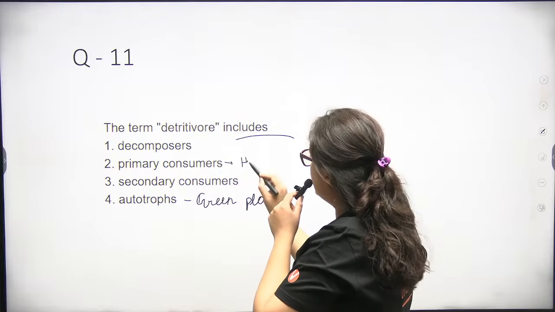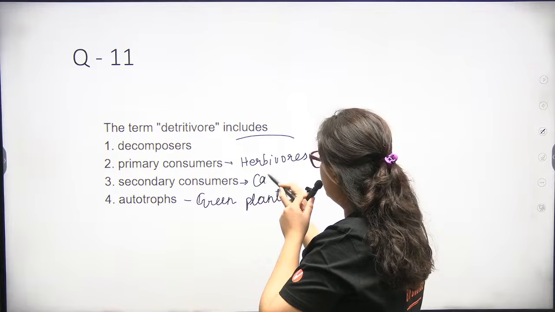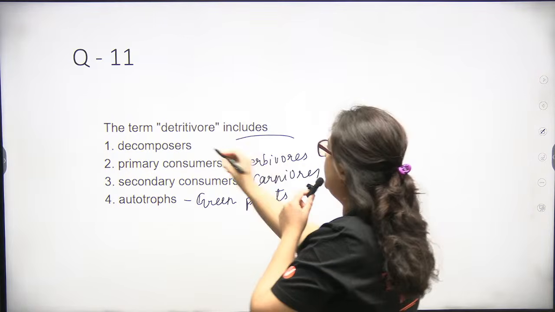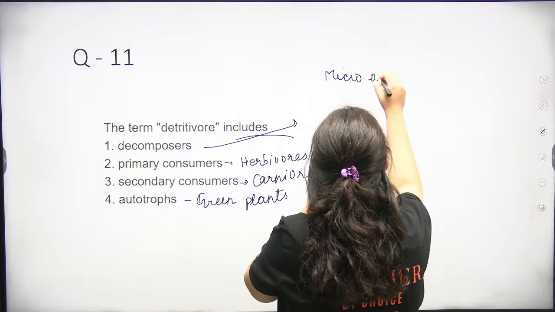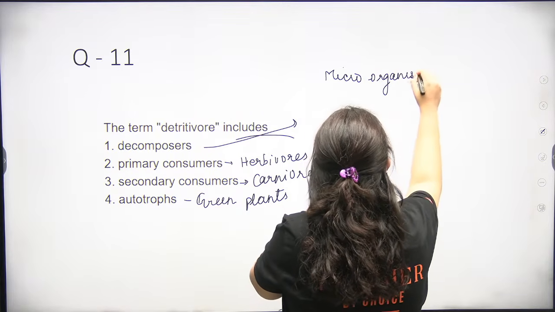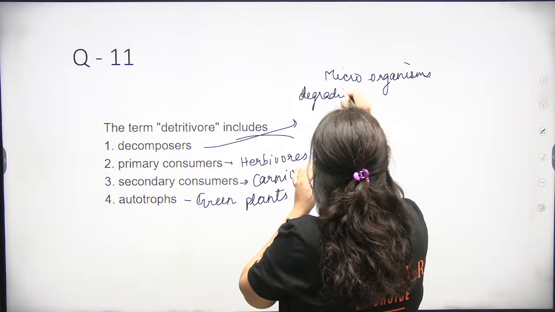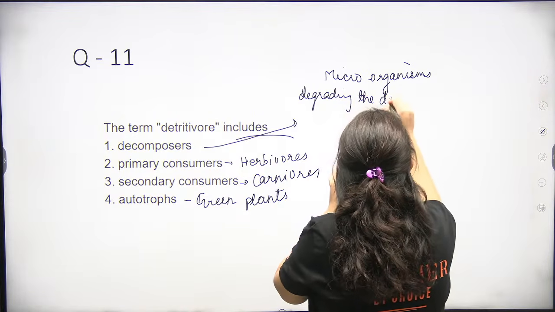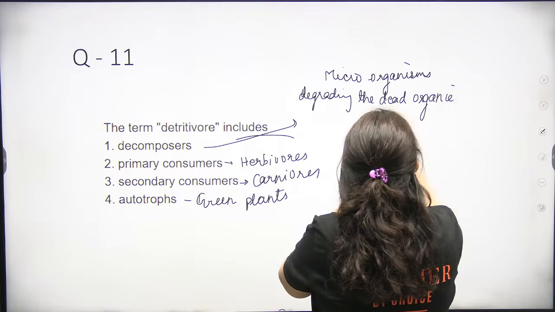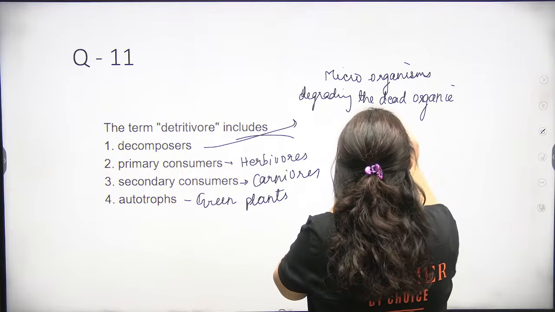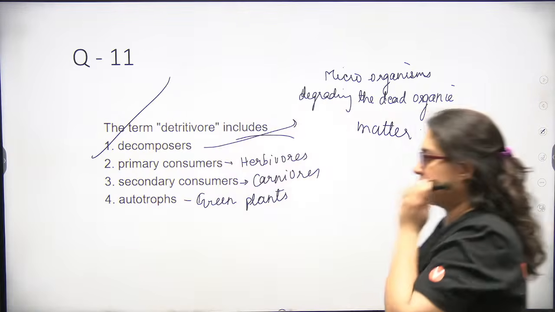Primary consumers are herbivores, carnivores; they are not able to degrade. Decomposers are the microorganisms, bacteria and fungi, who are degrading, cleaning or scavenging the dead organic matter. So they are decomposers, detritivores.